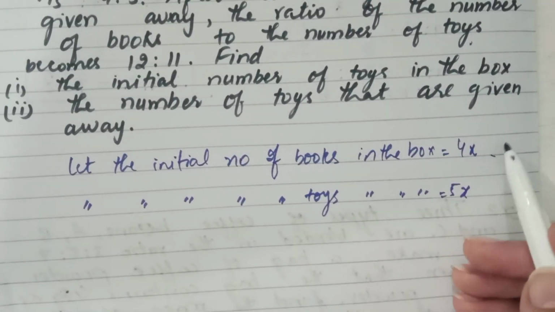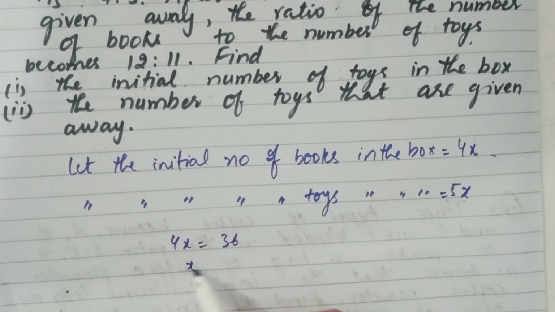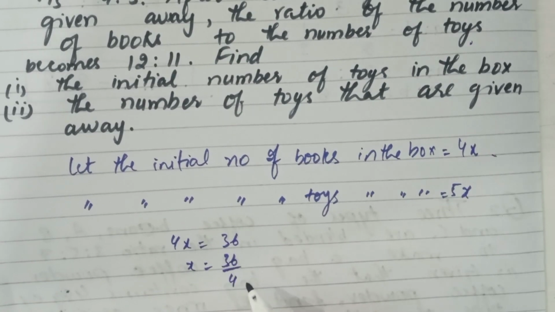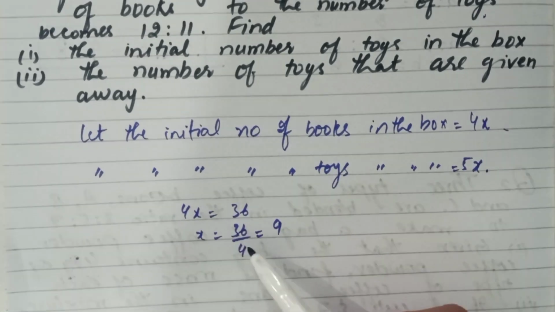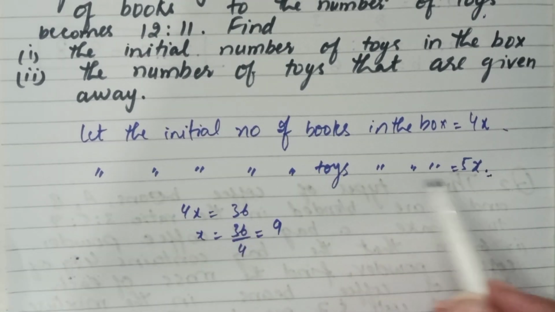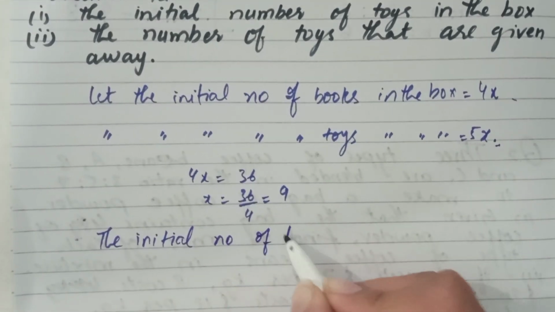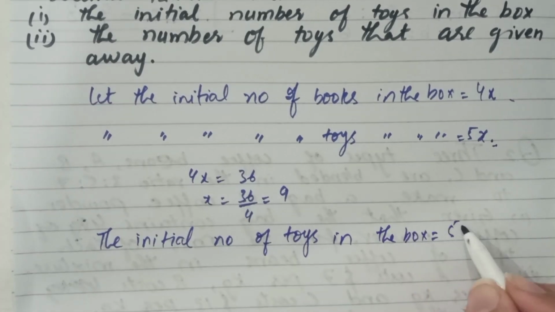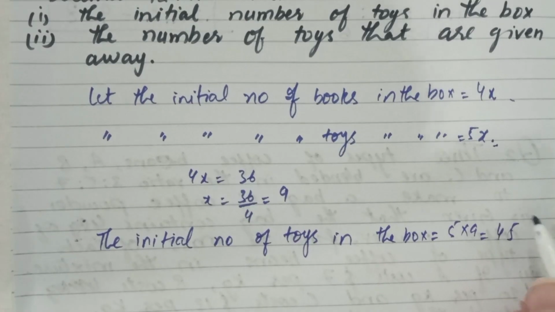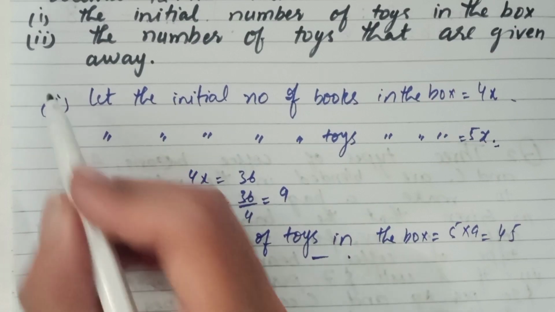We do this because we have to find the value of x. 4x is equal to 36, so x is 36 divided by 4, and we get 9. We put the value of x in this and we get the initial number of toys. The initial number of toys in the box is 5 multiplied by 9, which is 45. That is the initial number of toys we had to find in part A1.